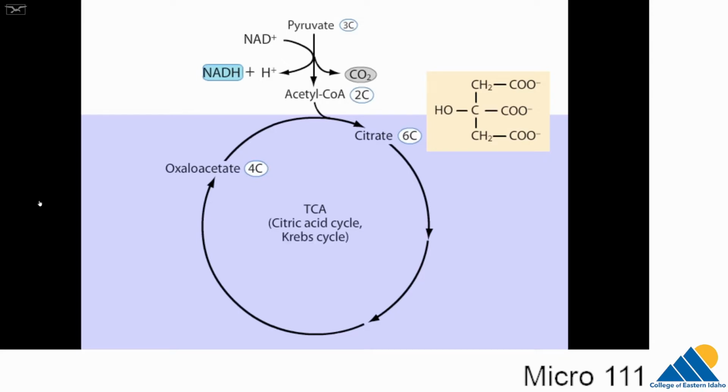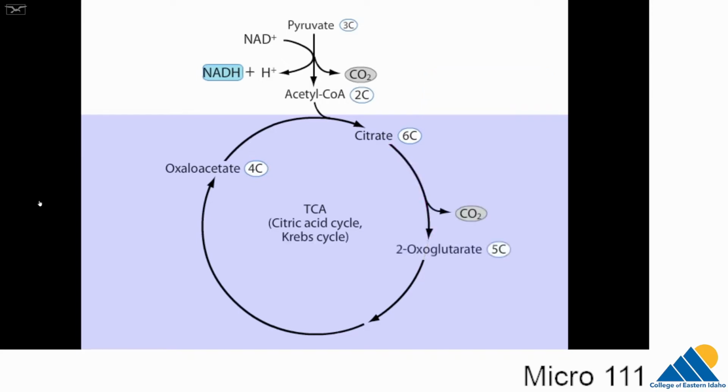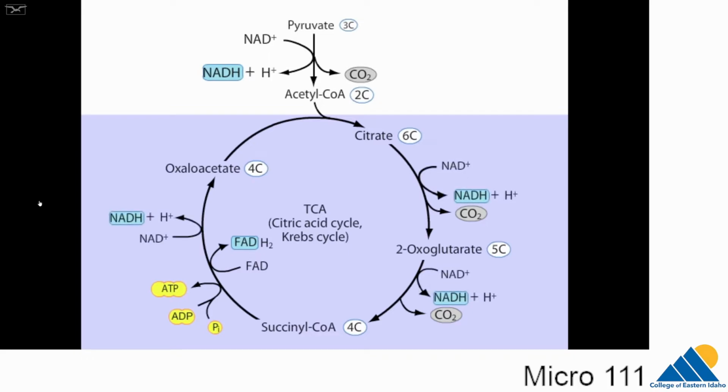In the TCA cycle, the two remaining carbons are removed in the form of 2 carbon dioxide molecules. The energy released by the removal is captured in energy carriers, ATP, FADH2, and NADH. As a result of these reactions, the 4-carbon molecule, oxaloacetate, is reformed and can be used in another round of the TCA cycle.